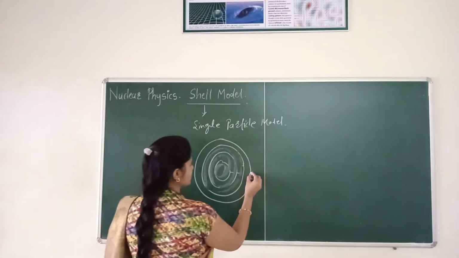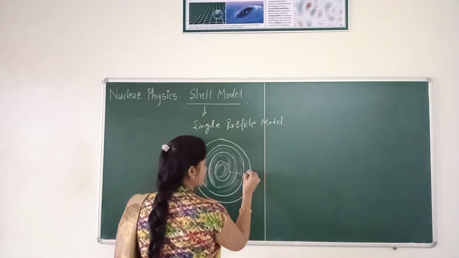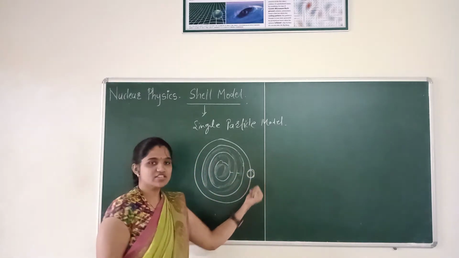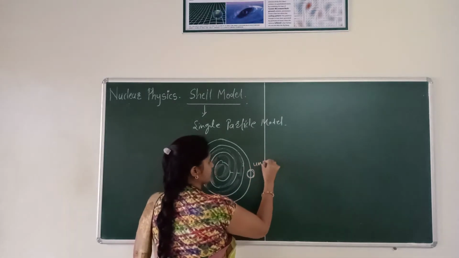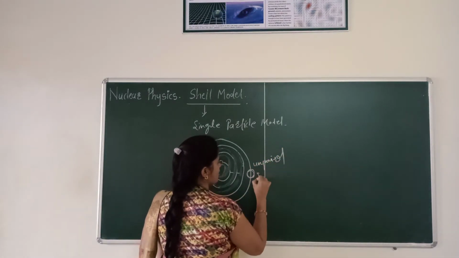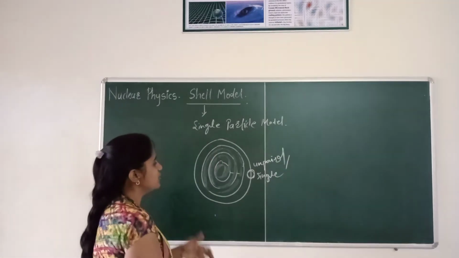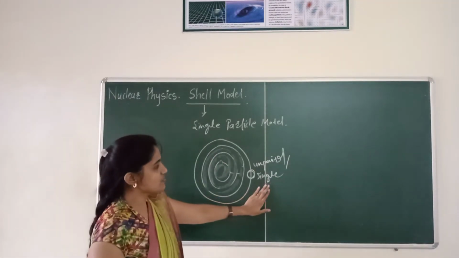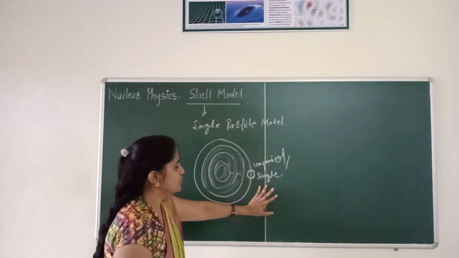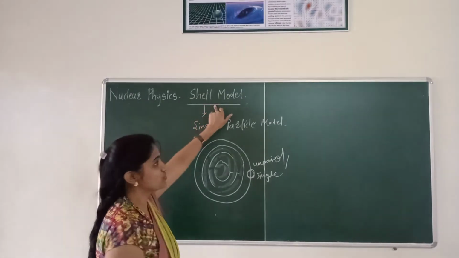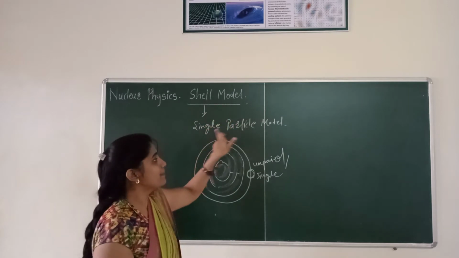Now, if the nucleus in this shell has a single nucleon, that is, an unpaired nucleon, we are going to study the properties of the nucleus on the basis of that single nucleon. That's why this model is also called the shell single particle model.